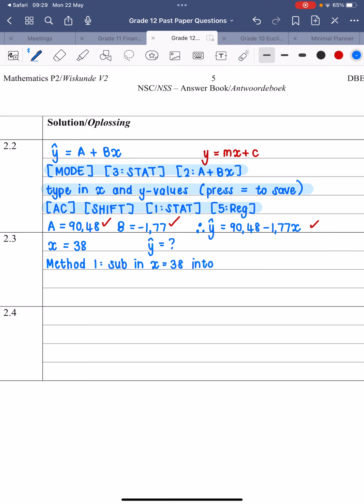into the regression line equation. Just going to highlight that again because that again is a note.